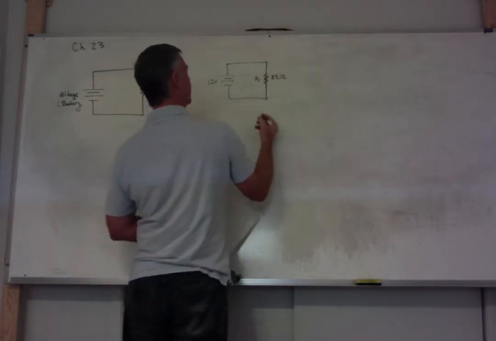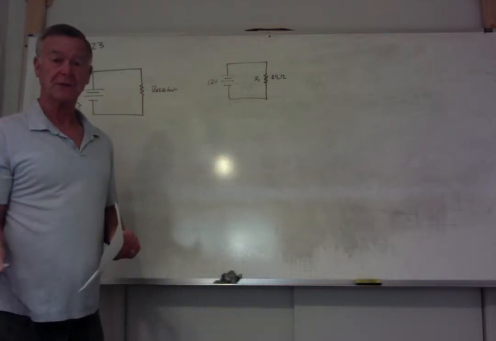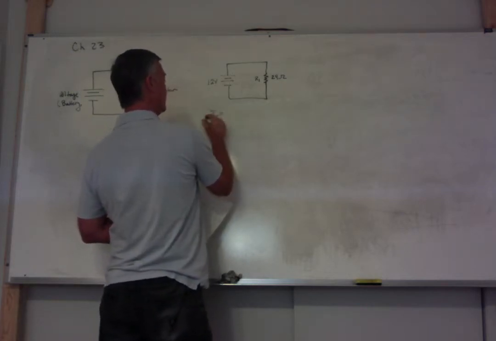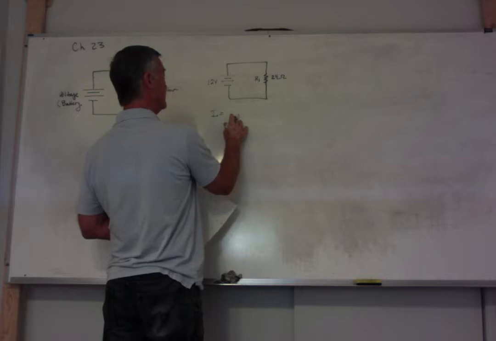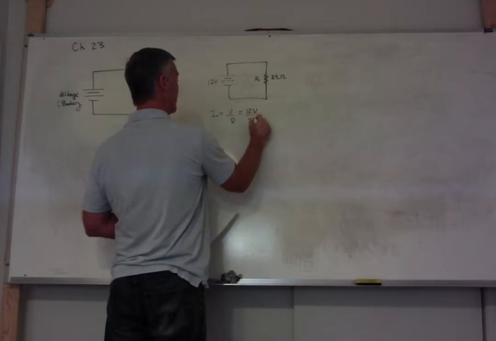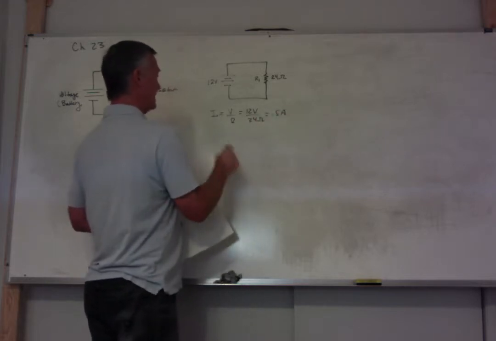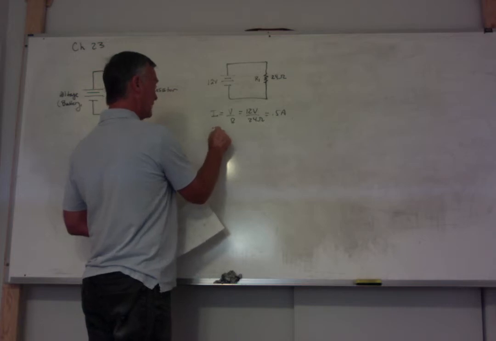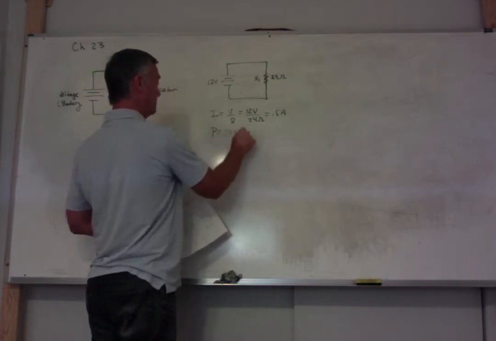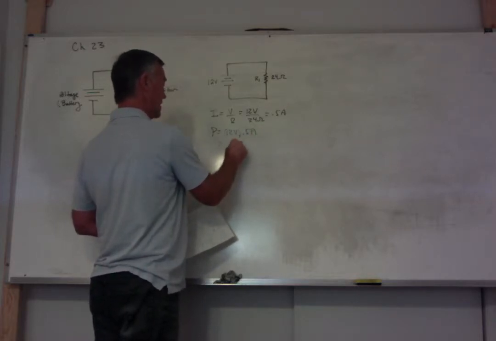If I was to ask then what is the current flowing, V equals IR, so I is equal to V over R. 12 volts divided by 24 ohms, and that would be 0.5 amps. And if we wanted to find the power, then we could do I squared R, or we could do 12 volts times 0.5 amps, and we would come out with 6 watts and so on.